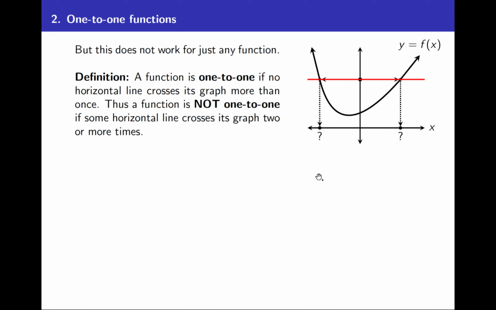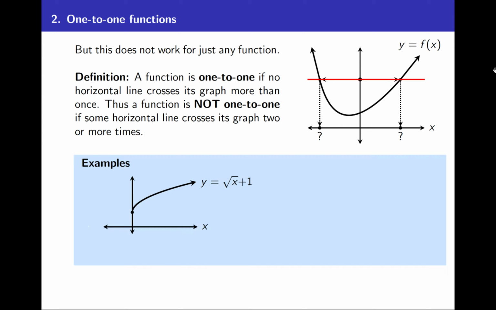So in essence, one-to-one functions are going to be the functions that are good for us. They're not going to exhibit this pathological behavior that we had here that blocked us from finding the inverse. So for example, think about the square root of x plus 1, the function we had on the previous slide.